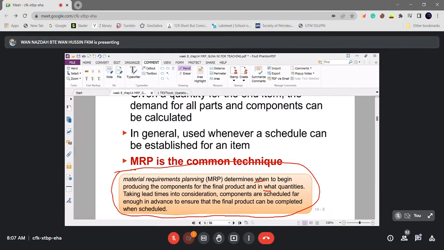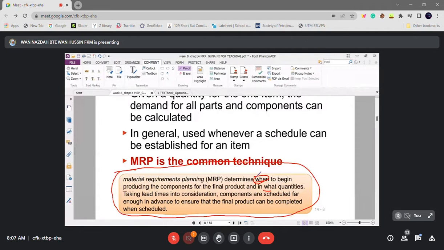So these are very important keywords, when and what. I want you to write this whole thing down, because as we go along this whole chapter, I want you to make sure you are able to identify the meaning.